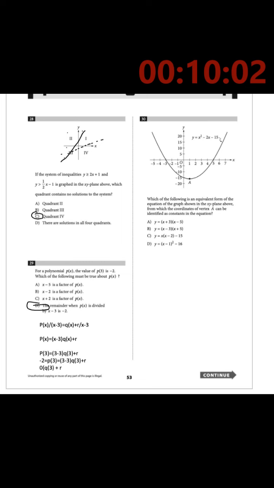A quadratic function can be written in the form y equals a(x minus h) to the power of 2 plus k, where a, h, and k are constants, and (h, k) is the vertex of the parabola.